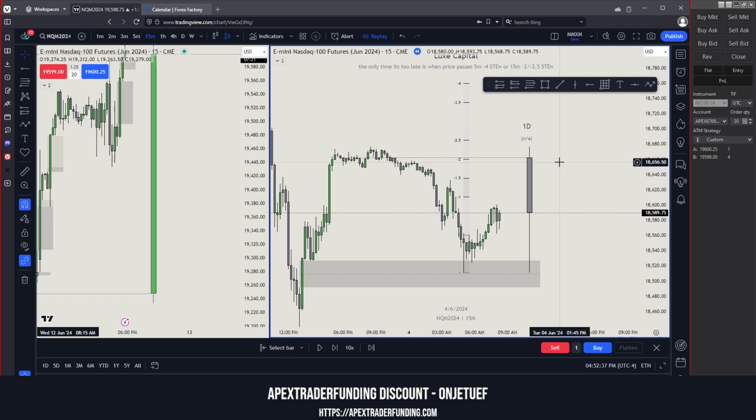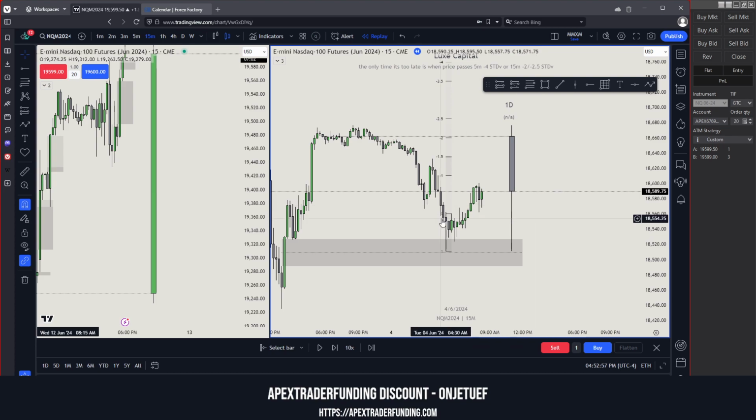Okay, so when you get to the chart, what have we done? We've manipulated down into this. We have structure shifted. This swing high was broken with some displacement there. Okay, so now we have a valid leg to measure from. This is the distribution leg.